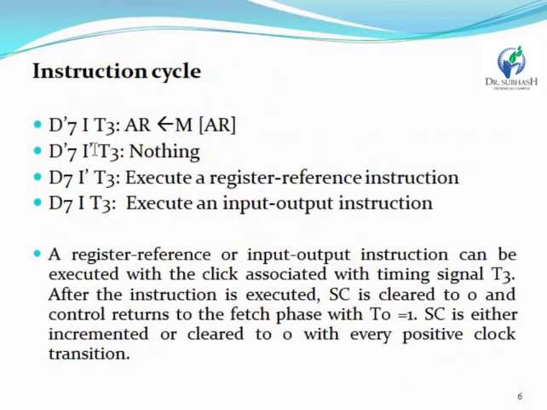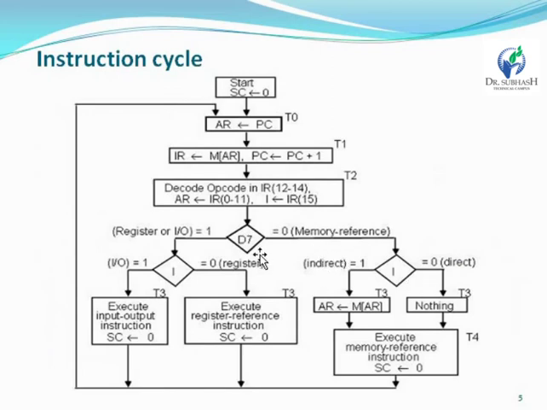Now the next is D7 and T3. We can store the address, then D7 and T3 will be nothing. D7 and T3 means this is the T3 operation. For the T3 operation you can write: execute input output operation, register reference instruction, memory, you can store the address, and finally direct will be nothing operation.